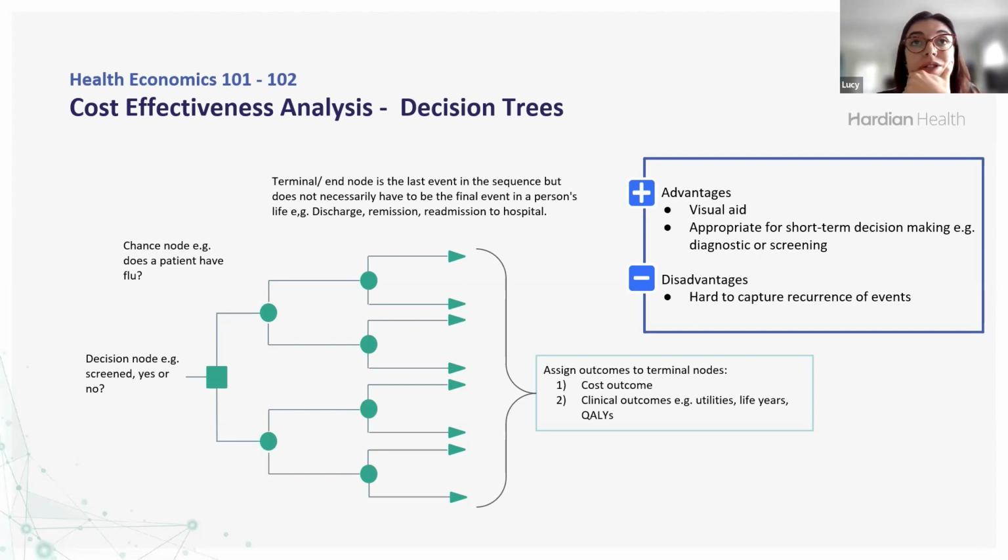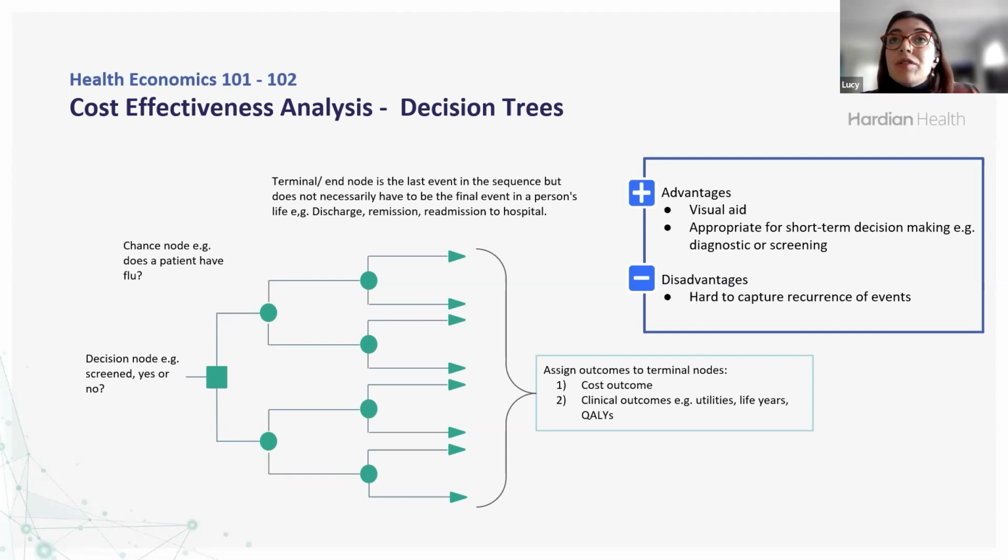Then you follow the patients throughout the tree, and their movement is determined by chance nodes, so probabilities of certain health events happening, until they arrive at a terminal or end node. At this point, it's possible to assess cost outcomes and clinical outcomes, which can then be aggregated to analyze the results of the cost effectiveness analysis.